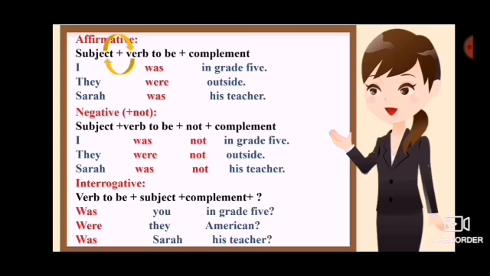The first example in the affirmative sentence: I was in grade 5. When we invert the subject and the verb to be, it becomes was I in grade 5? The second example: were they American? And the third example: was Sarah his teacher?